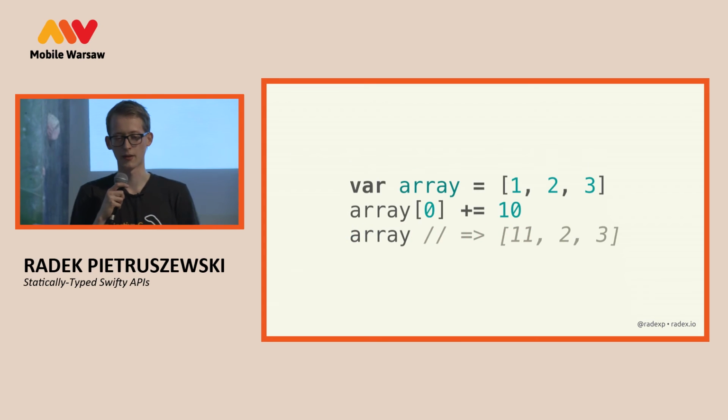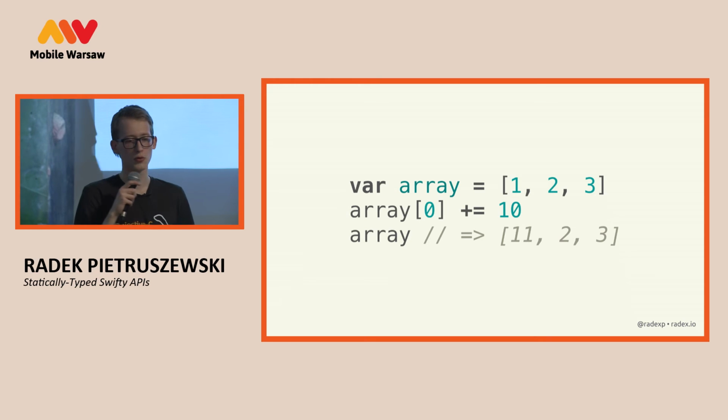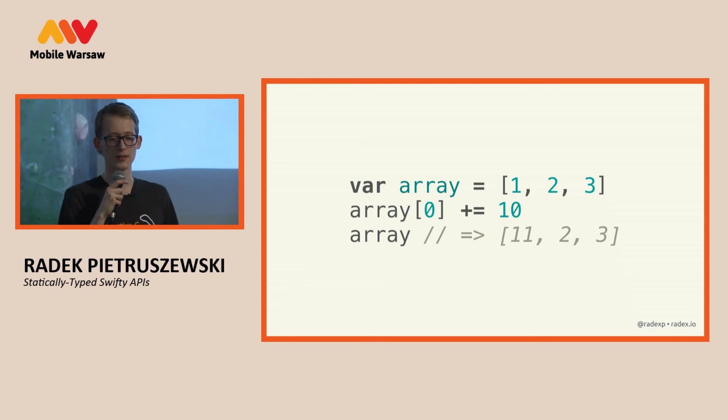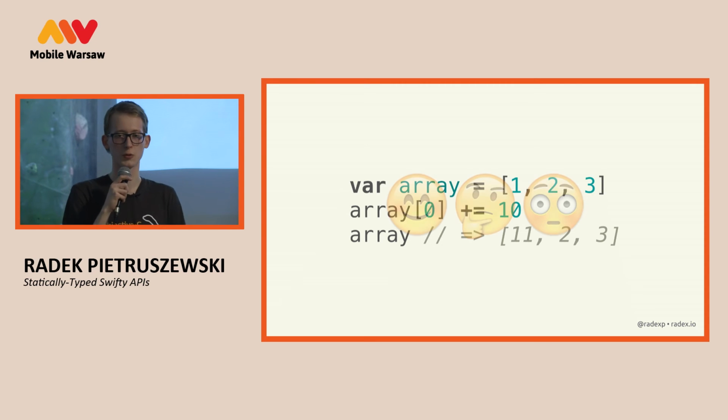But here's an interesting thing. If you try to do the same thing with a Swift array, say you have an array of 1, 2, and 3, and you want to modify the first element of this array via the subscript, it will work. And the first reaction is, of course it will work. This is what you expect.